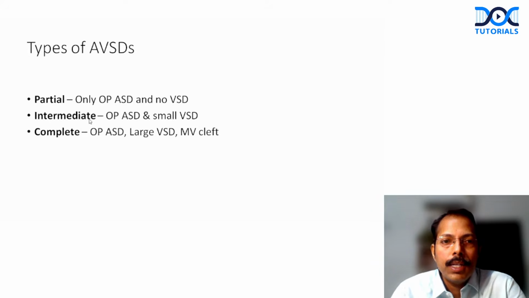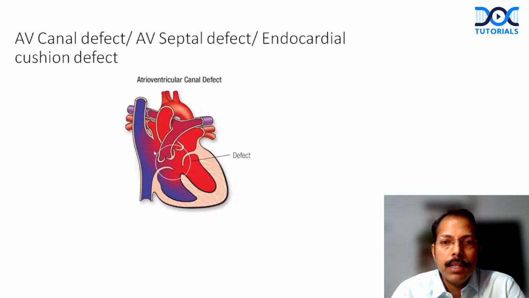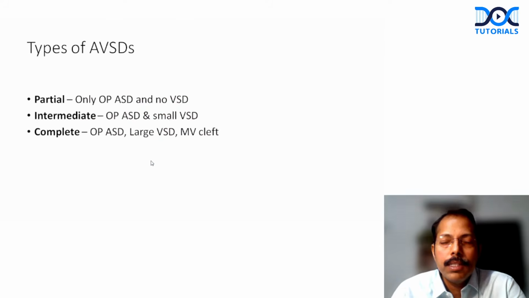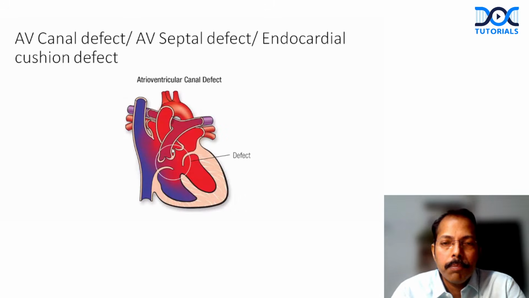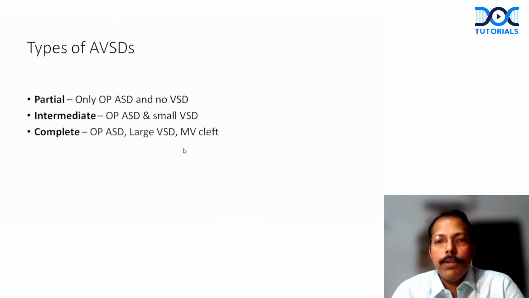If we say it has an intermediate defect, there will be a defect in the atrial septum and a defect in the ventricular septum. When do we say it is a complete AV canal defect? If there is a complete structural deformity at this endocardial cushion level that comprises the atrial septal defect, ventricular septal defect, and the AV canal defect, this constitutes the complete AV canal defect.